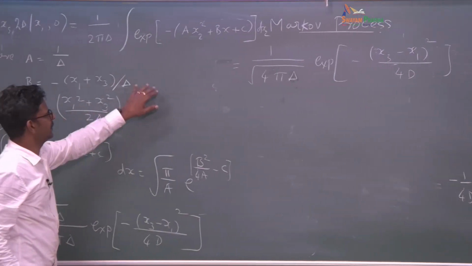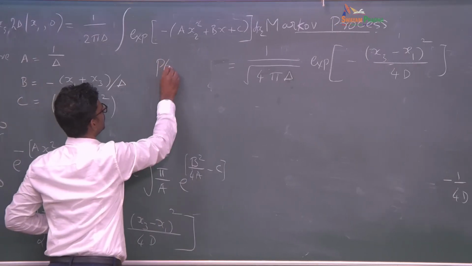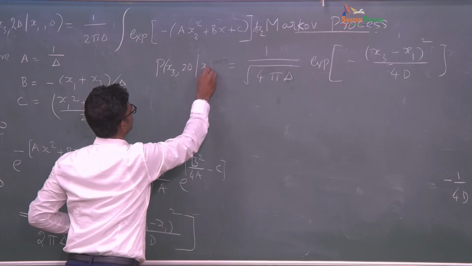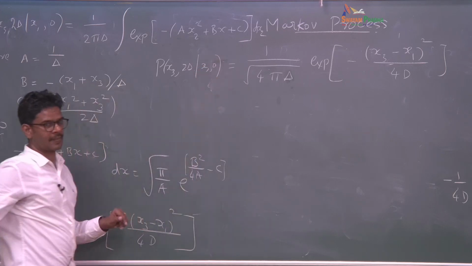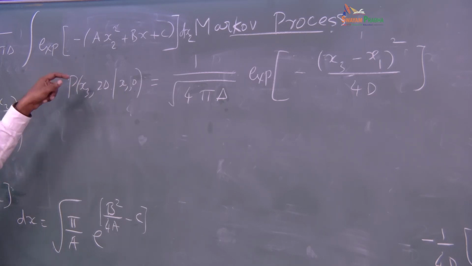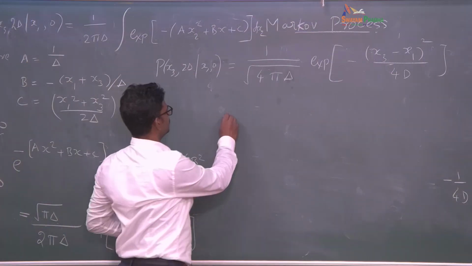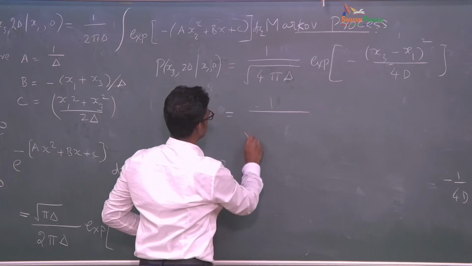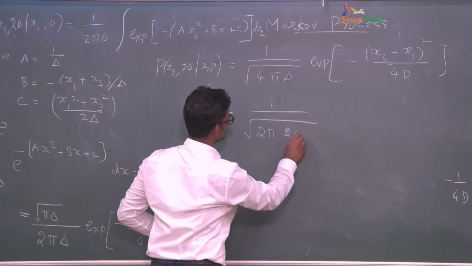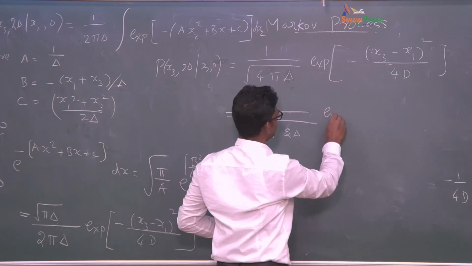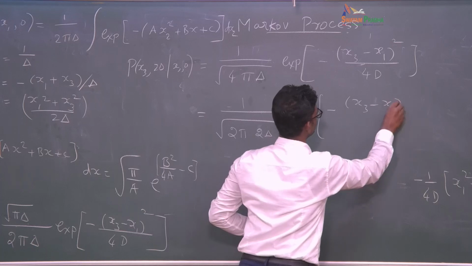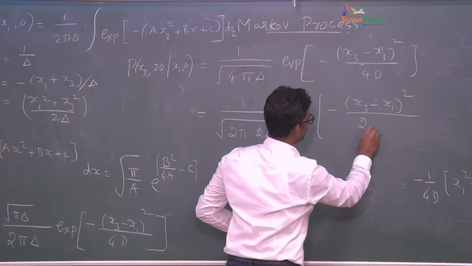Now what is this we are looking at? We are looking at p of x3, 2 delta given x1, 0. So we are actually taking a time interval of 2 delta. Okay, so we can rewrite this with 2 times 2 pi times 2 delta, and here (x3 minus x1) whole squared by 2 times 2 delta.